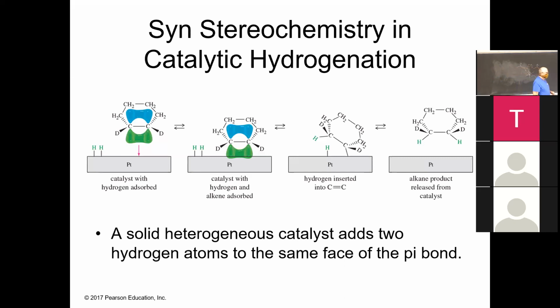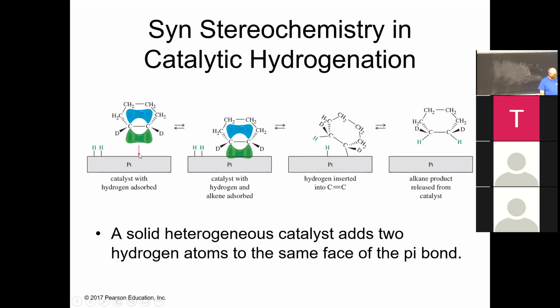All right, so here is the heterogeneous catalysis with a finely divided metal such as platinum. It's a solid catalyst. The platinum absorbs the hydrogen, it breaks the bond between the two hydrogens, forms two metal to hydrogen bonds, you can see here.